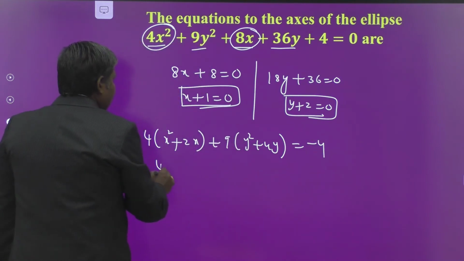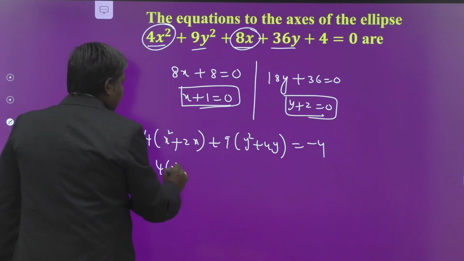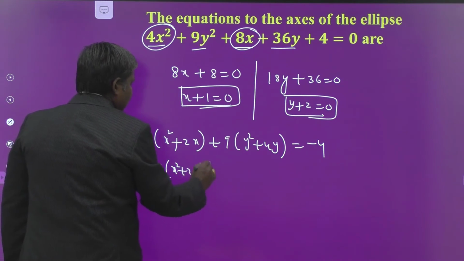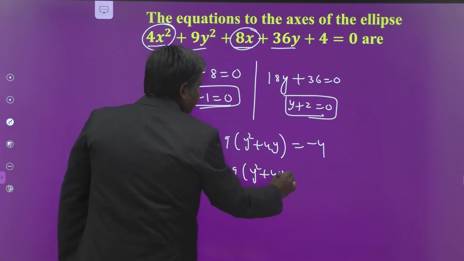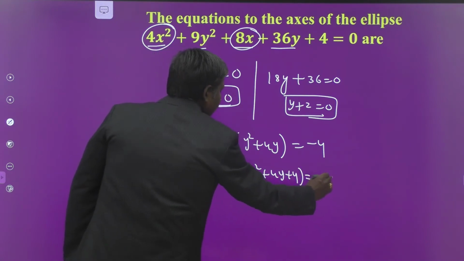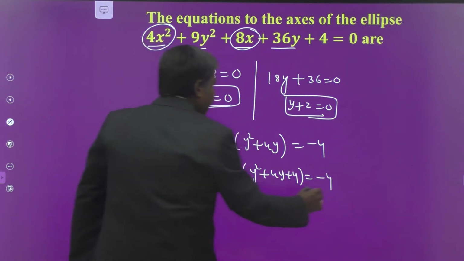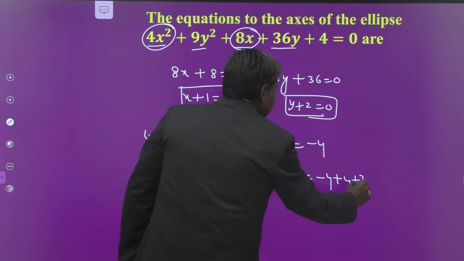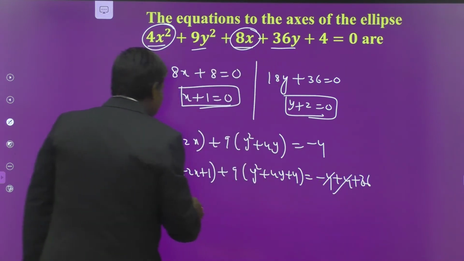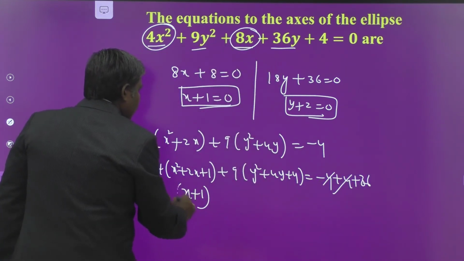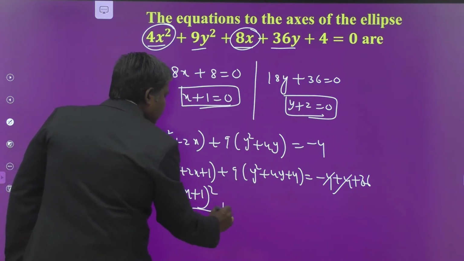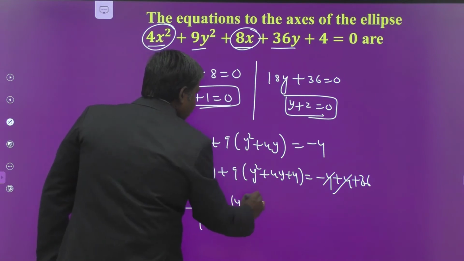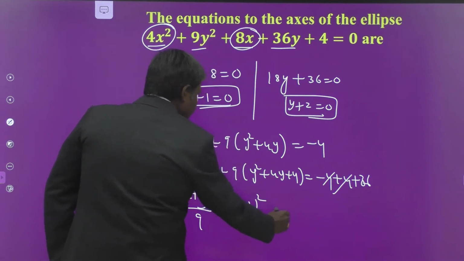To get the complete square, 4 times x square plus 2x plus 1, I am writing here, 9 times y square plus 4y plus 4 is equal to minus 4. To get the balance, we have to write plus 4 plus 36. So 4 gets cancelled. x plus 1 whole square by 4 by 9 plus y plus 2 whole square by 9 by 4. This is the thing.